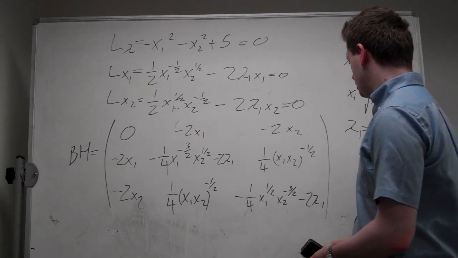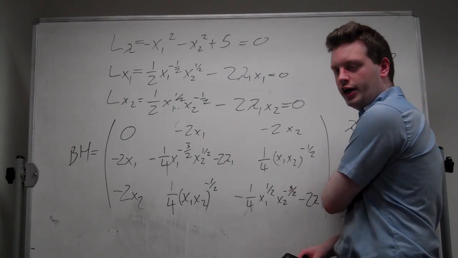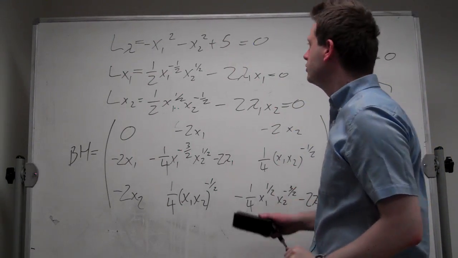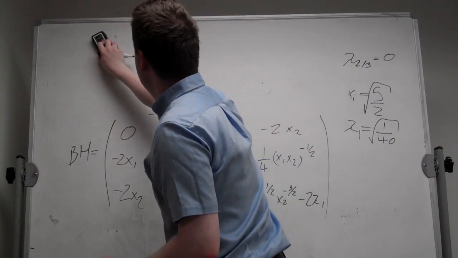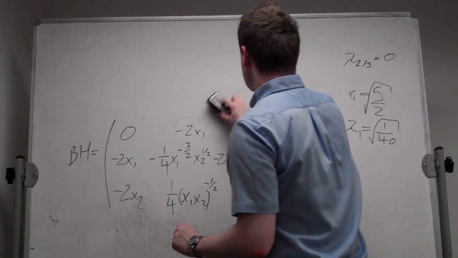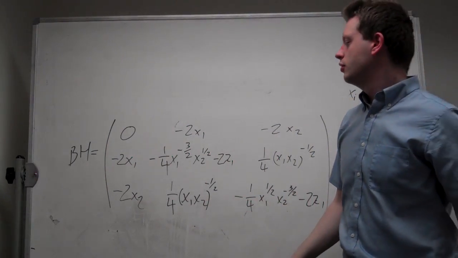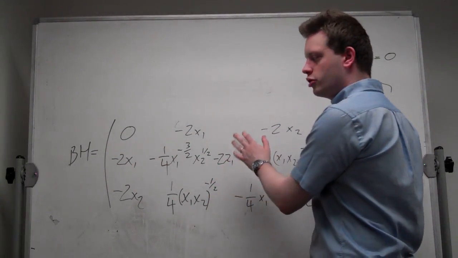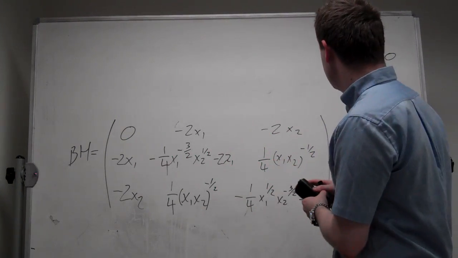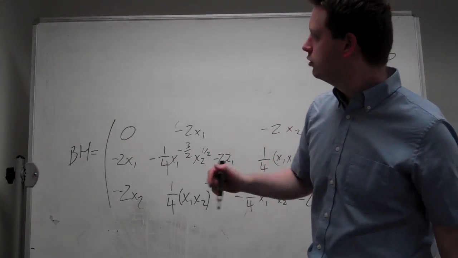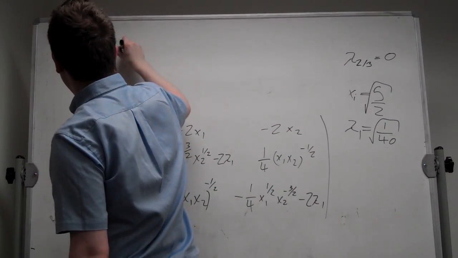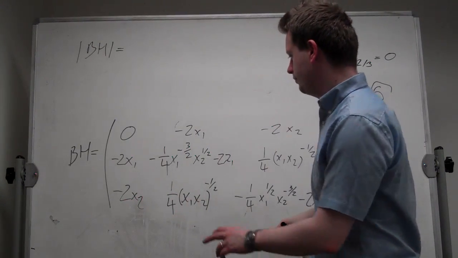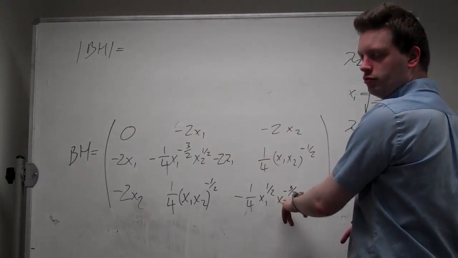Okay, now given there's very little space to the right, let me erase the top part, first order conditions. And figure out the determinant of this bordered Hessian. So the determinant of the bordered Hessian is equal to, okay, so we have the diagonal term in the middle, which is 0.